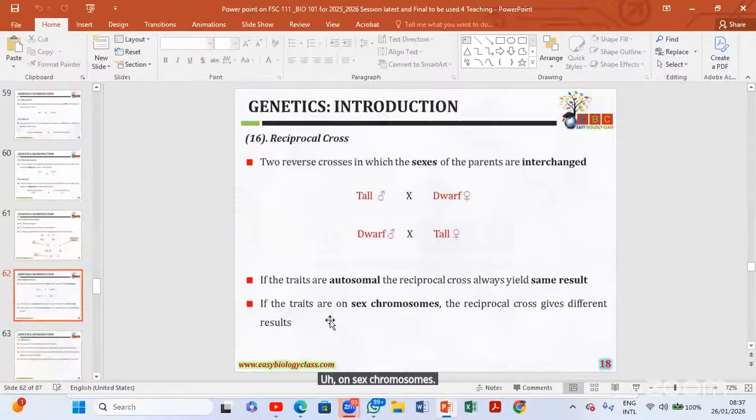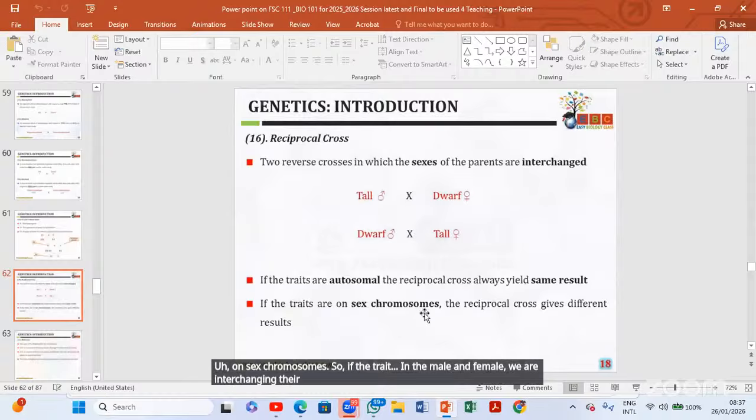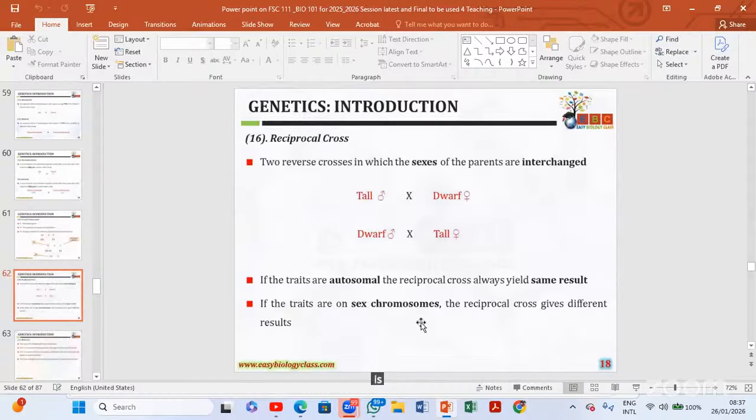So if the traits in the male and female, whose sexes we are interchanging, are on the sex chromosome, the reciprocal cross will give a different result. If the traits are autosomal, the reciprocal cross will always give the same result. But if the trait is on the sex chromosome, we are not going to get the same results when we carry out a reciprocal cross.